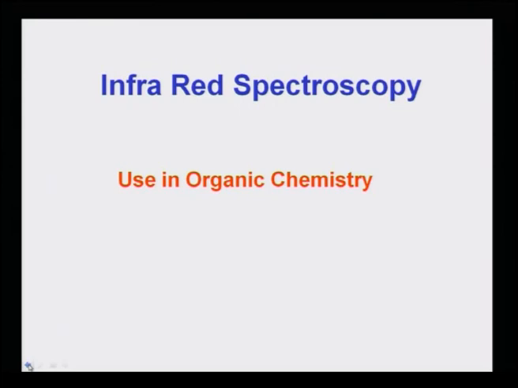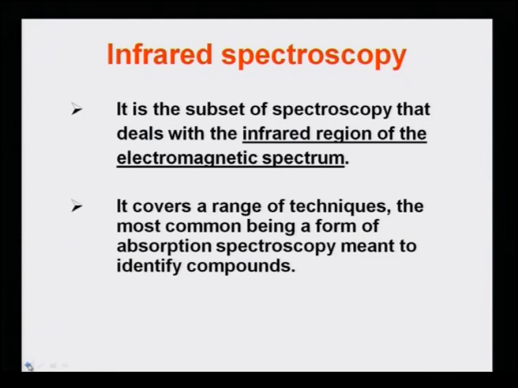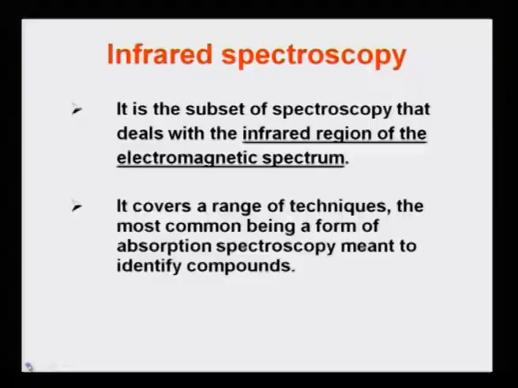Coming to infrared spectroscopy, particularly that which is used in organic chemistry, because here the light source will be infrared. It is the subset of spectroscopy that deals with the infrared region of the electromagnetic spectrum.